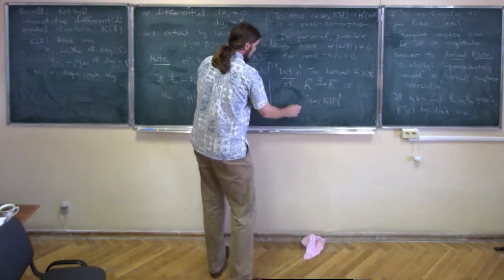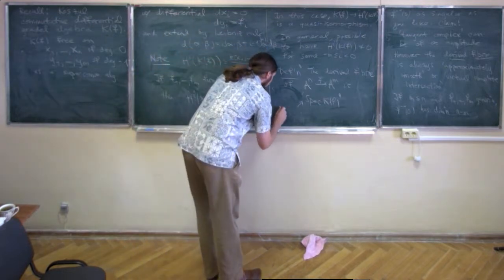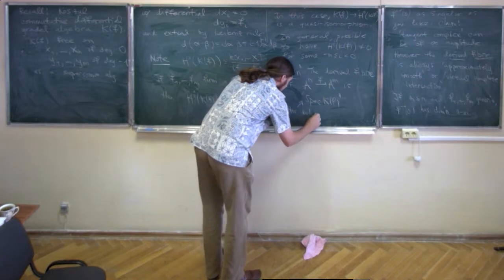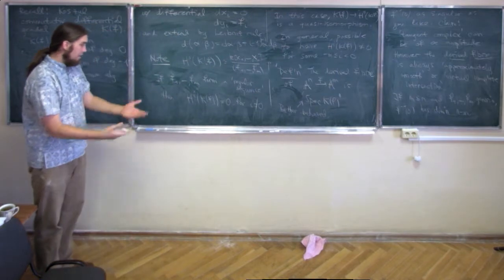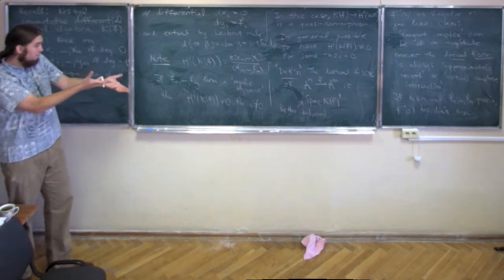And this thing is better behaved than the usual fiber. So this thing is somehow always approximately smooth and always looks like a complete intersection, more or less by the way you've constructed it.